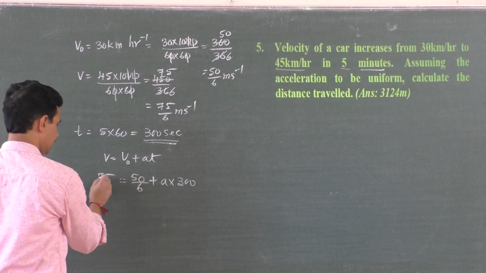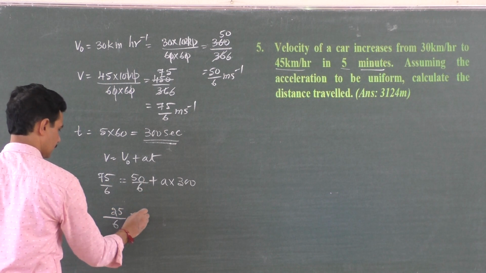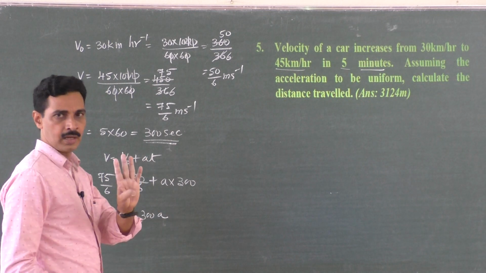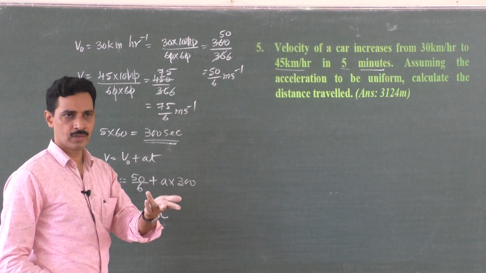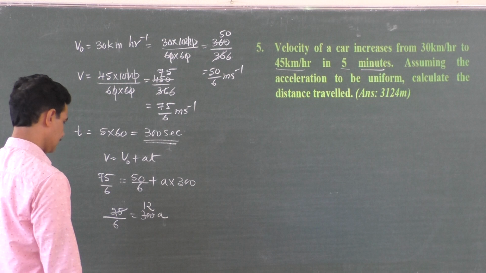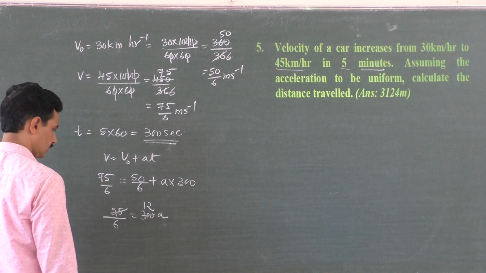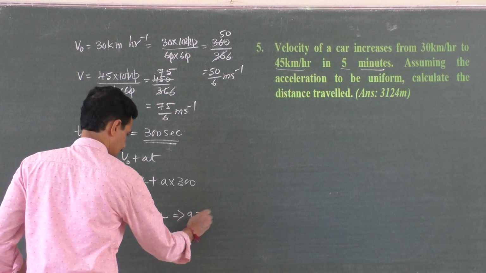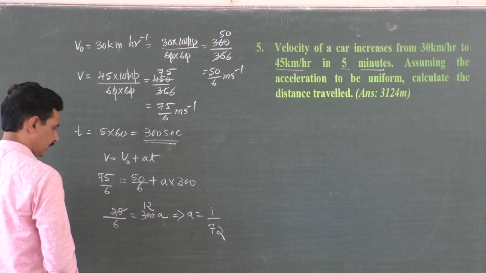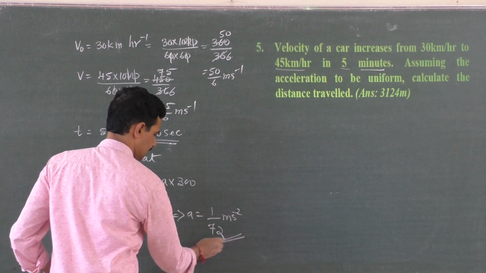So 75 minus 50 by 6 gives 25 by 6, which is equal to 300a. 4 twenty-fives are 100, 8 are 200, 12 are 300. So a is 1 by 6 into 12. That implies acceleration is equal to 1 by 72 meter per second square, because you have converted everything to meters per second.